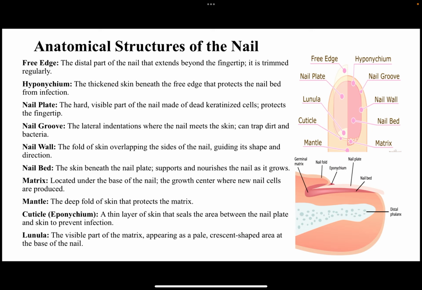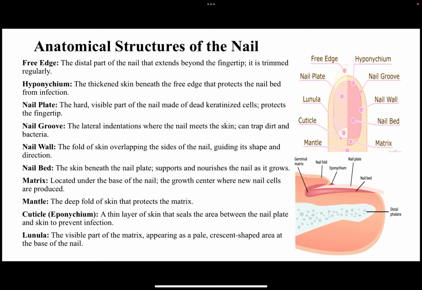We have the hyponychium. The hyponychium is the thick skin beneath the free edge that protects the nail bed from infection. Then we have the nail plate. The nail plate is the hard visible part of the nail made up of dead keratinized cells that protects the fingertip.